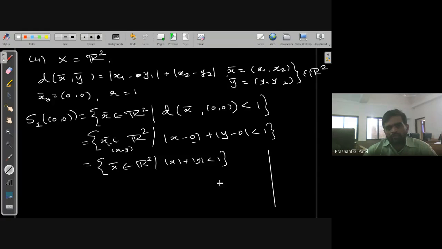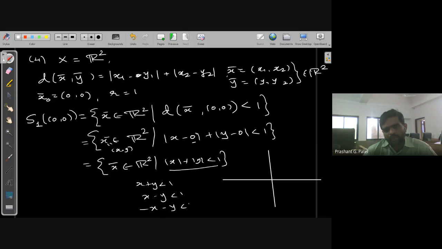This is your x, y axis. If you have done your operation research course, then probably you know that these are 4 constraints: x plus y less than 1, x minus y less than 1, minus x minus y less than 1, and minus x plus y less than 1. These 4 constraints represent 4 lines.